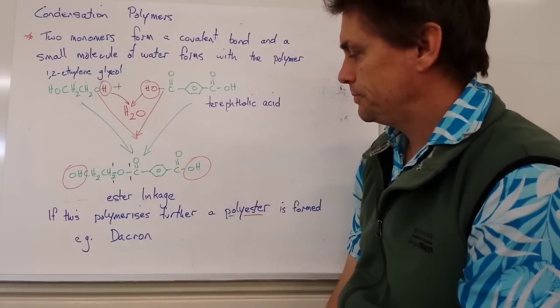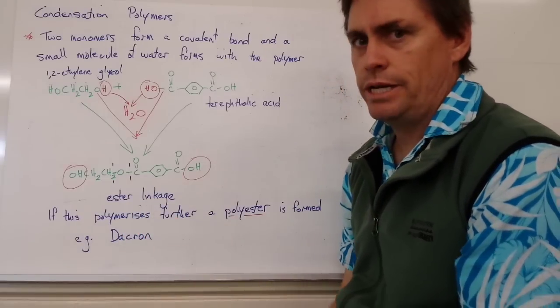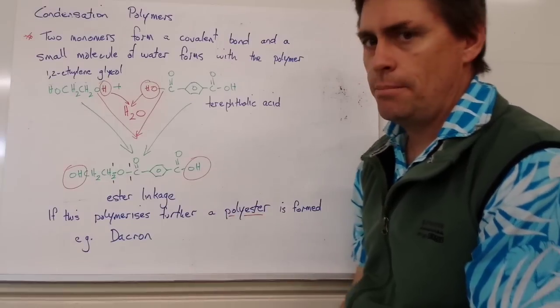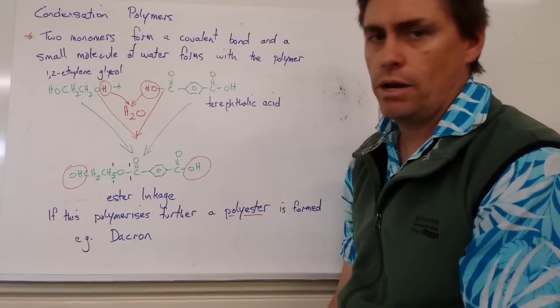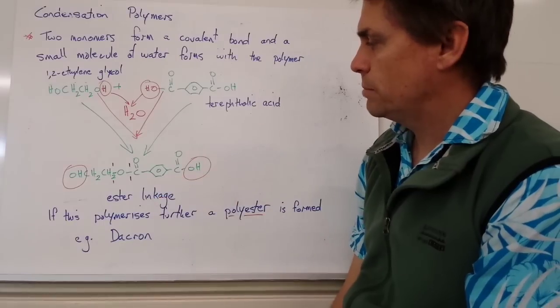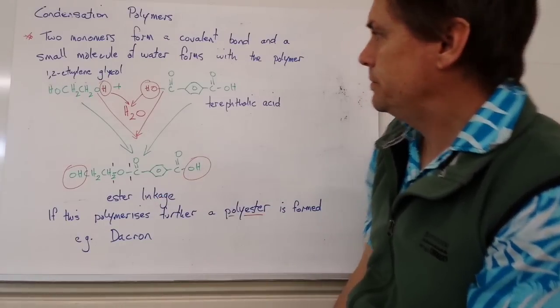Because this is an ester linkage, if we continue this process, we form a polymer that we call a polyester, and they're quite common as well. This particular polyester molecule is known as a Dacron molecule.